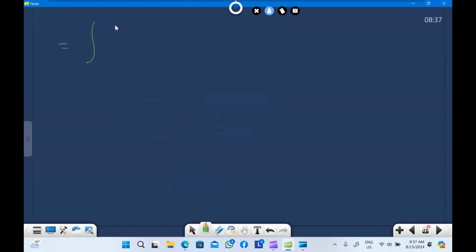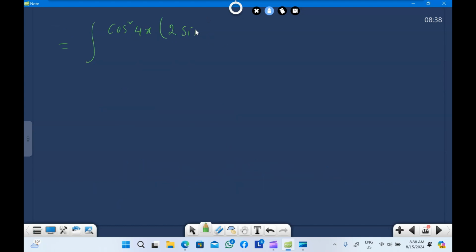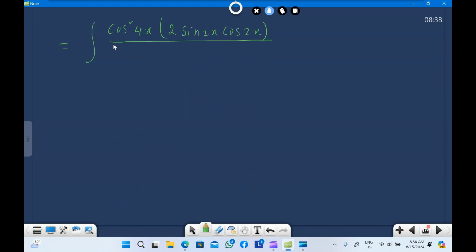So I write here cos square 4x, and then 2 times sin 2x and cos 2x, and the new denominator, minus can be taken common here, so it will be now cos square 2x minus sin square 2x, and dx is already there. This is equal to minus coming outside of the integral.